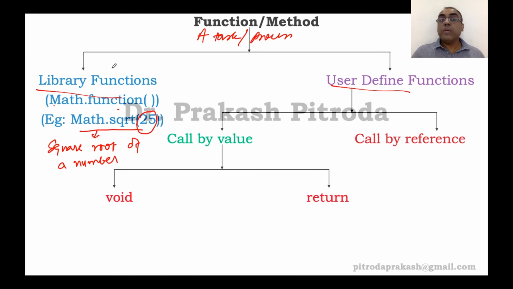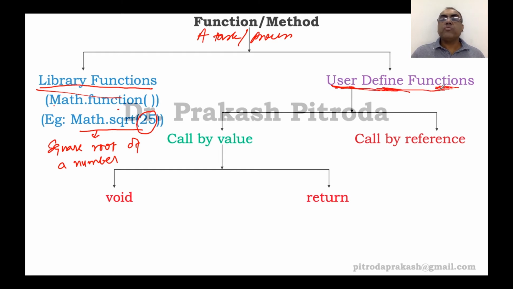Alright, now this is of course a ready-made function which is supplied by Java. Java supplies many ready-made functions for our benefit, so that we don't have to waste our time in understanding the nitty-gritty of that, and we can focus on the client's need. Now, sometimes all functions are not readily available. So, in order to ensure that these functions can be created by a programmer, you have user-defined functions.